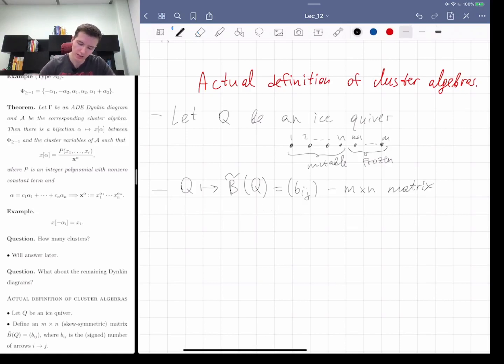The way it's defined is just b_ij is equal to l if Q has l arrows from i to j. And also it's equal to negative l if Q has l arrows from j to i. And finally it's 0 otherwise.